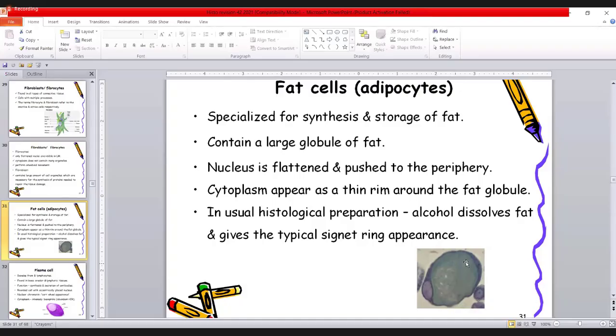No, you see some empty space here because when you use alcohol for H&E staining, it dissolves the fat. So all the fat is dissolved away. What you could see is this thin rim of cytoplasm stained pink in color and the nucleus only. So you just see some empty spaces with flattened nuclei.